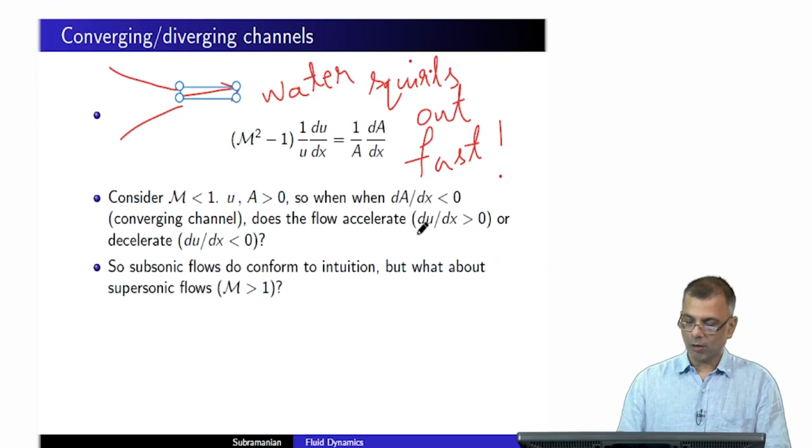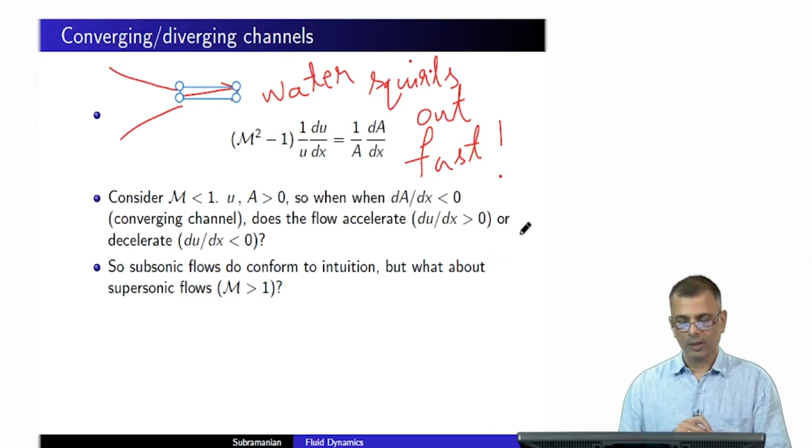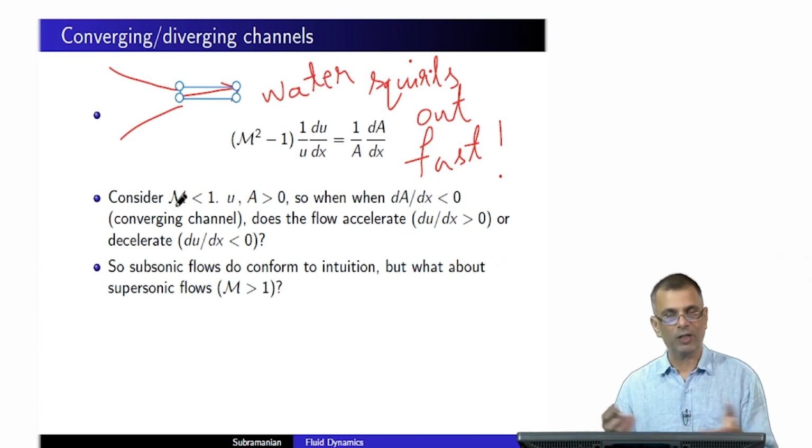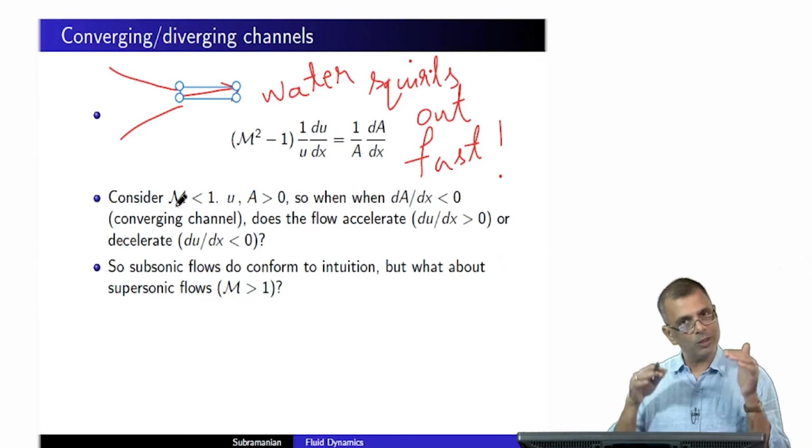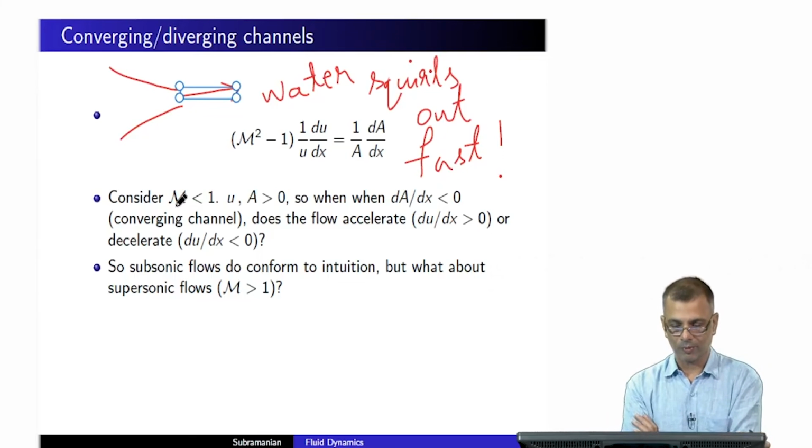In other words, the flow accelerates. So this conforms to intuition when the water flow is subsonic, and in everyday situations, of course, the water flow is subsonic. The speed of the water flow is very much lower than the speed of sound.